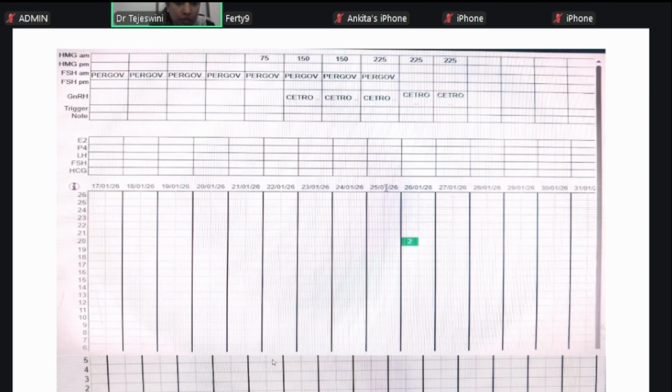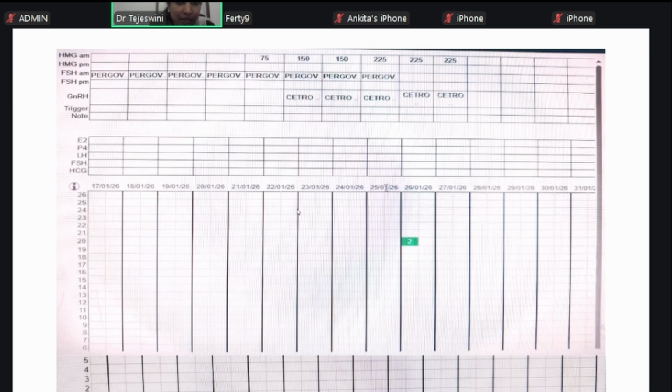Once the cycle for stimulation starts, we have to make a note of the follicles and the sizes. Suppose there are 4 follicles of 5 mm on the right and the left, we have to make a note at the start of the stimulation.